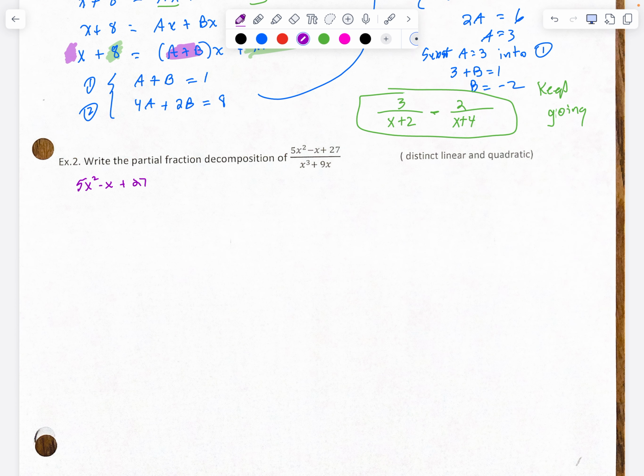Noting that it's going to be the quantity A plus B times the x squared. And then we just have a Cx and a plus 9A.